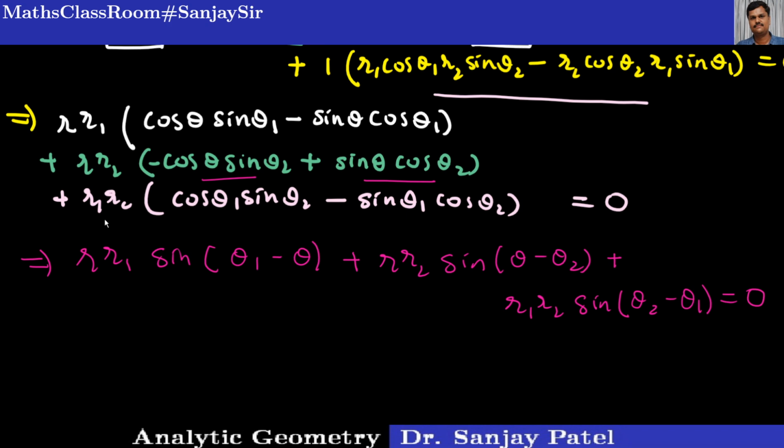Now what I want to do next is keep this term r1 r2 on the other side. So let me take this on the other side. So it will become minus. So it is minus r1 r2 sine theta 2 minus theta 1. But taking the negative sign inside, what we'll be getting is r1 r2 sine of theta 1 minus theta 2.